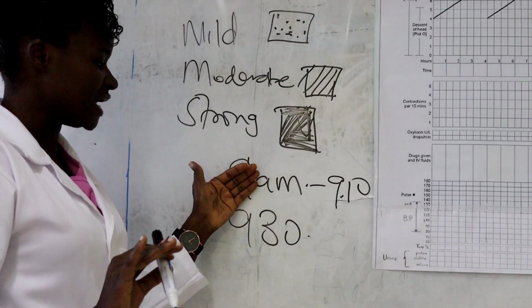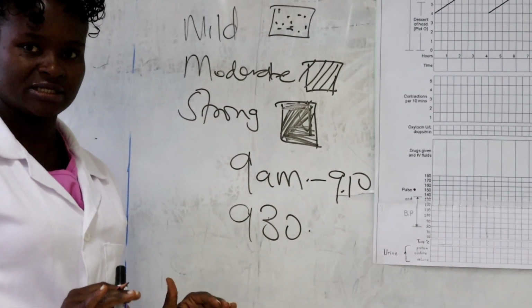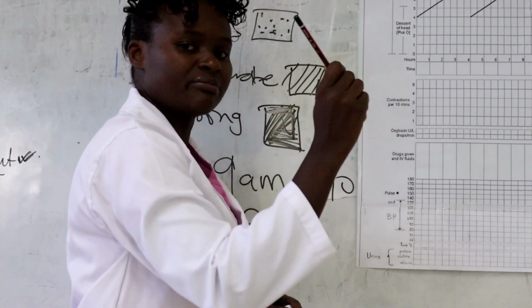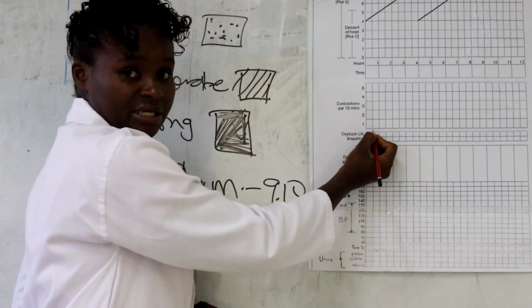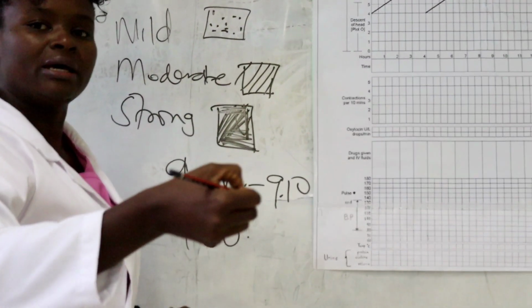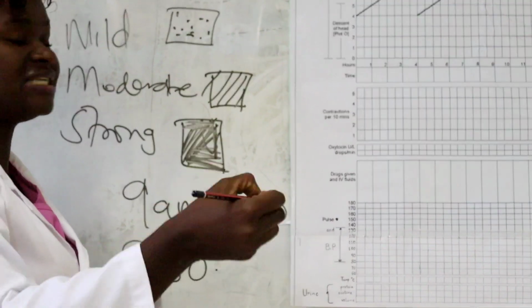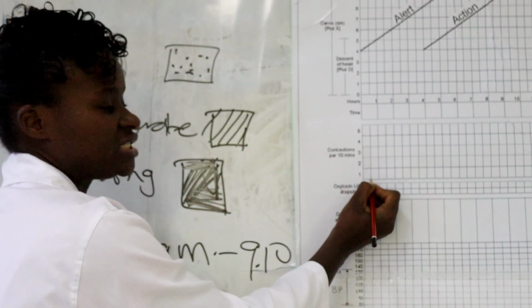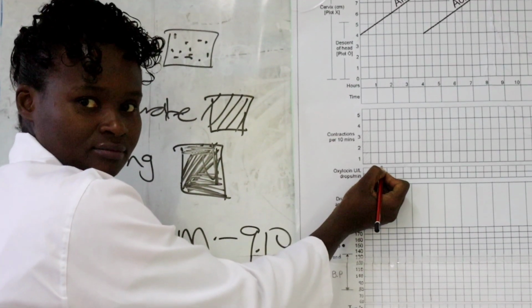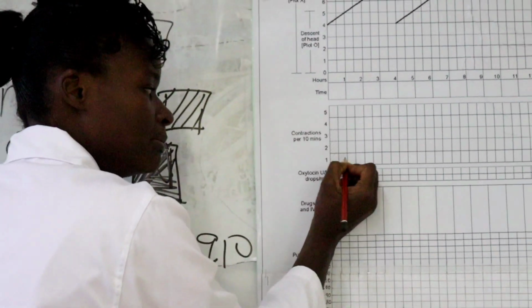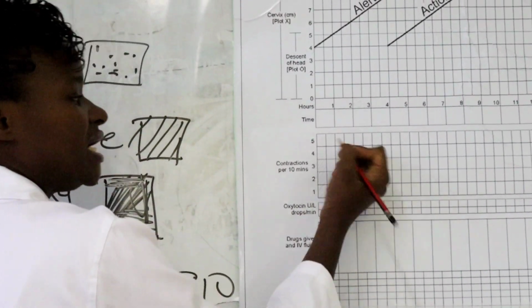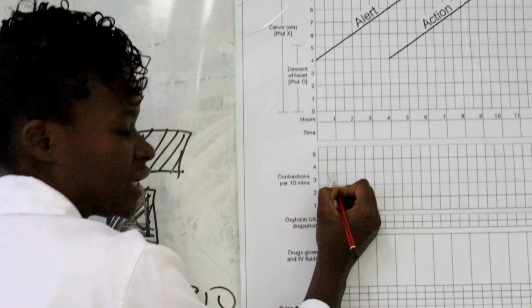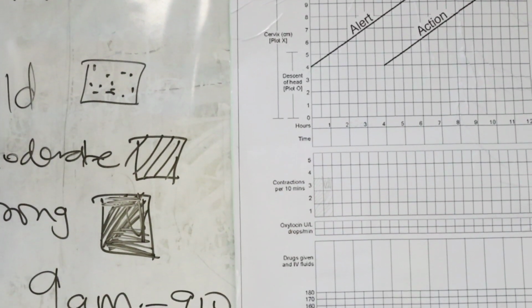No, it is 9, 9:30, 10, like that. So relax. This small box, remember what we say, it represents 30 minutes. The next time I'm going to the bedside of the mother is at 9:30, so that I can chart the next set. You can get maybe another moderate, and then another moderate, and then a strong contraction. That is just an example.